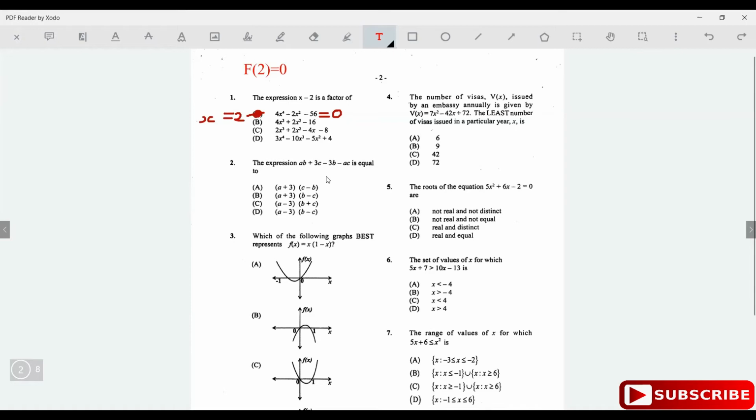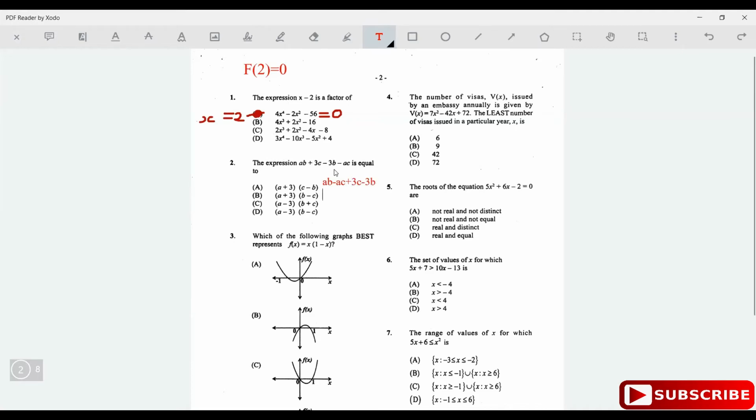We can group AB with minus AC first, and then we have plus 3C minus 3B.